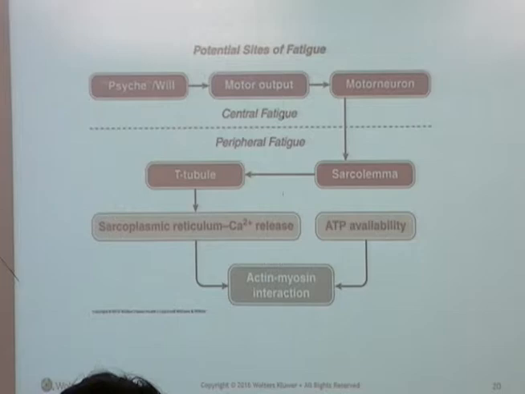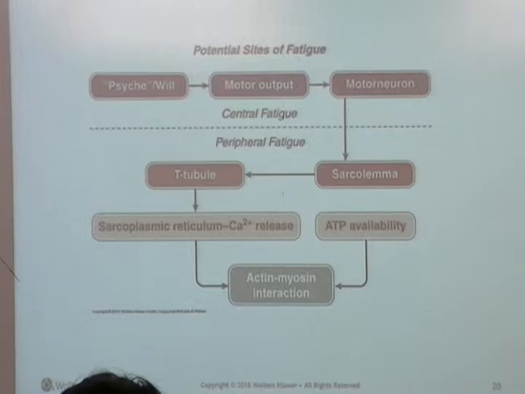Fatigue means decreased power output, not, oh, I'm knackered today. Physiological fatigue is measured by a decrease in power output, force output.